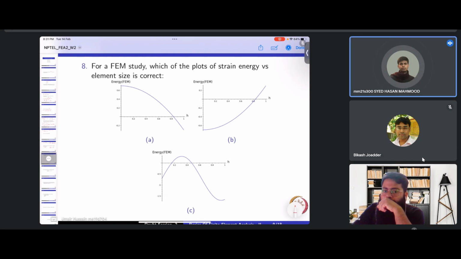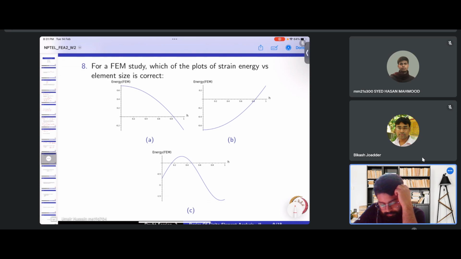Since the strain energy is always positive, I think it's A. Strain energy is always positive. Who said that? Why do you think strain energy is always positive?